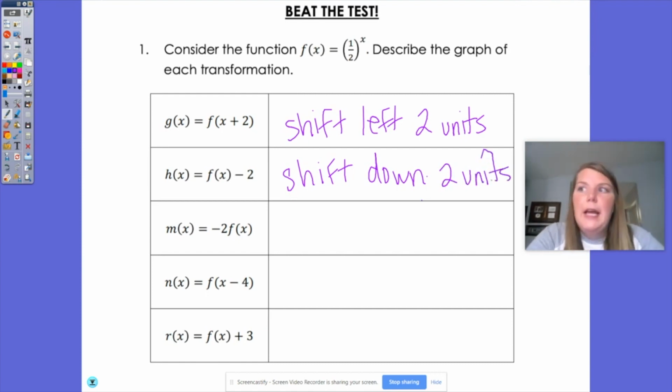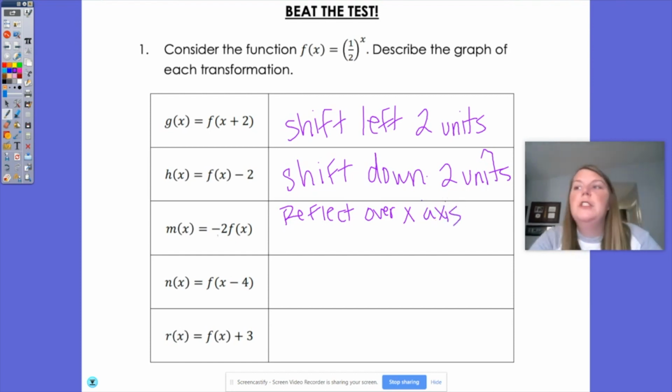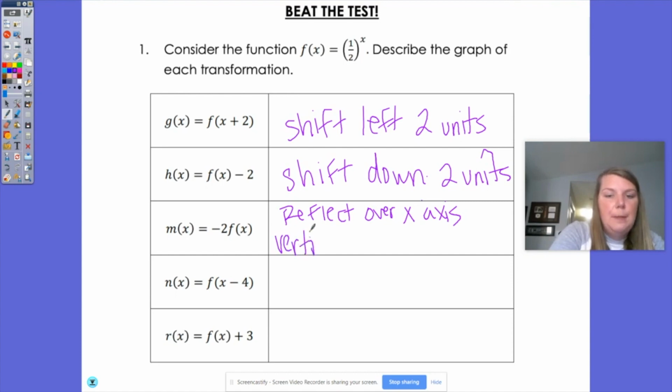If we're multiplying it by -2, there's actually 2 things that are happening. Let's first talk about that negative. That negative is going to reflect it over the x-axis. And then multiplying it by that 2 is going to vertically stretch it by 2, or a factor of 2.